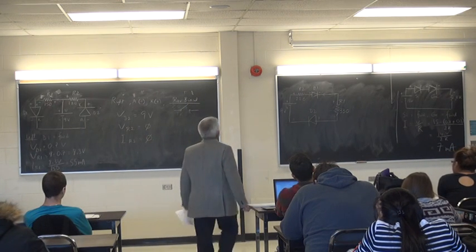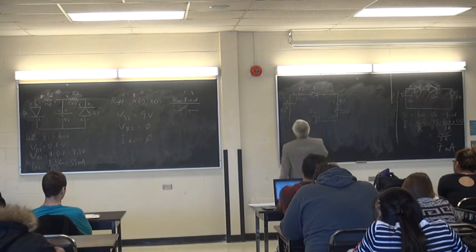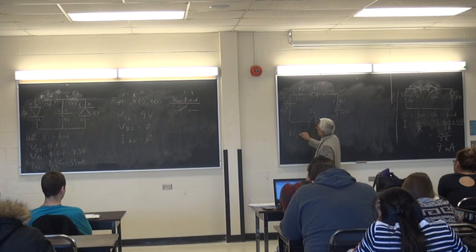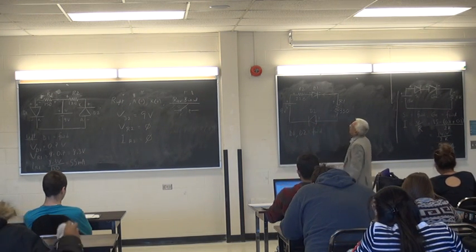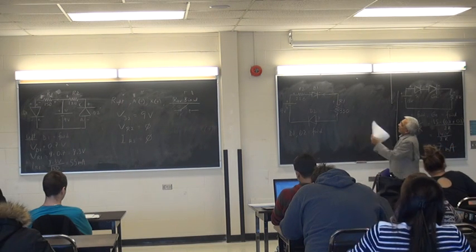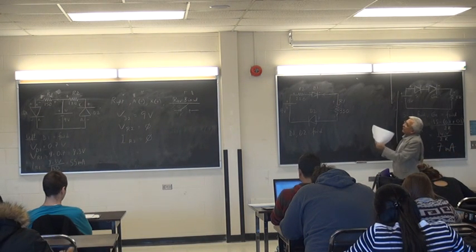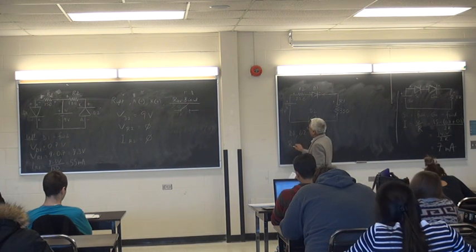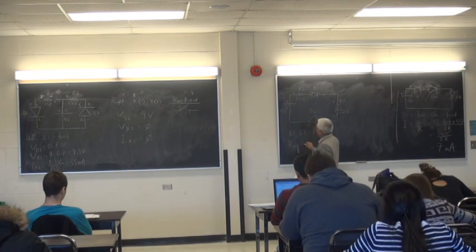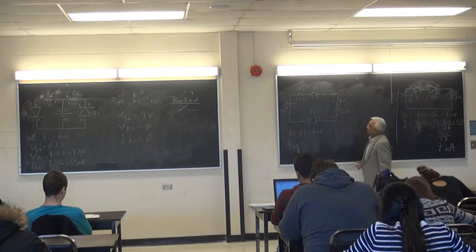And so that tells me are D1 and D2 forward biased or reverse biased? Forward biased. R2 and R1 are 2 resistors in a series circuit. I can talk about an equivalent resistance, which is going to be in series.